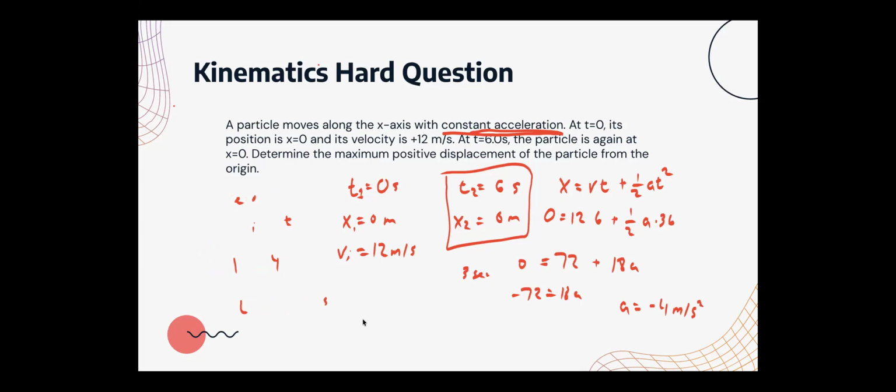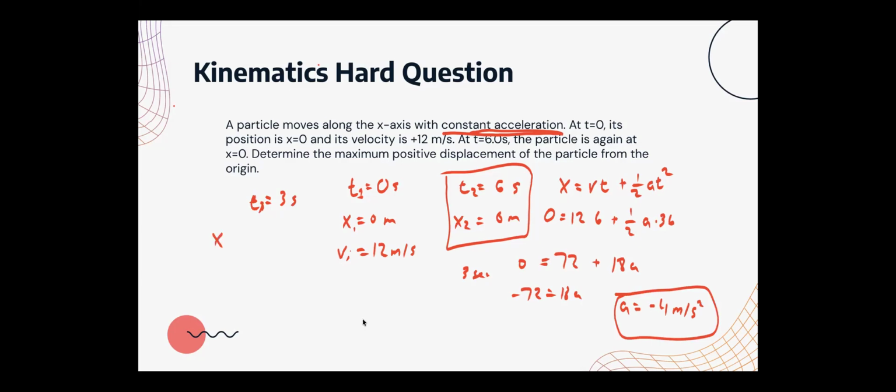If we know it's 3 seconds, we can just input that back into the equation. Now we're trying to find it at the 3 second mark. Let's call this t sub 3, because why not? We know the initial velocity is still 12 meters per second, and we have our acceleration of negative 4 meters per second squared.